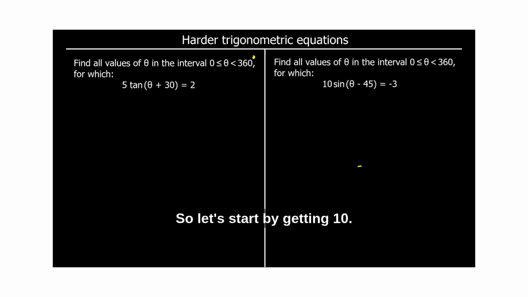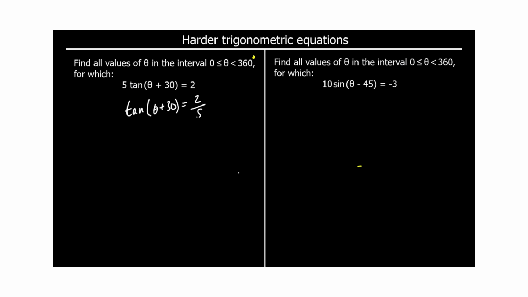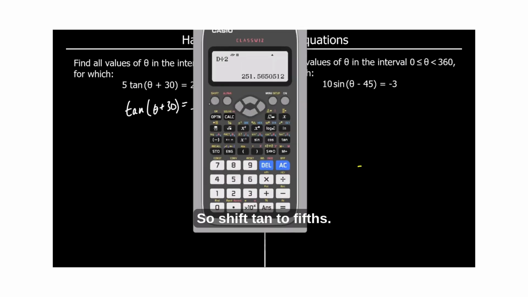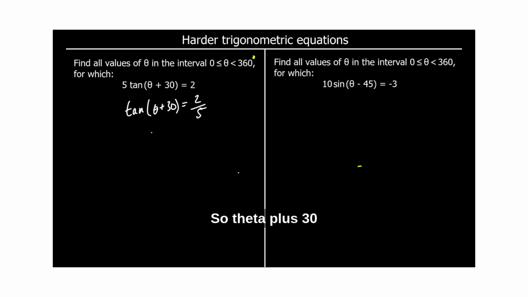So let's start by getting tan theta plus 30 by itself. So divide both sides by 5. And then we're going to shift tan, so shift tan 2/5, 21.8. So theta plus 30 is 21.8 degrees.